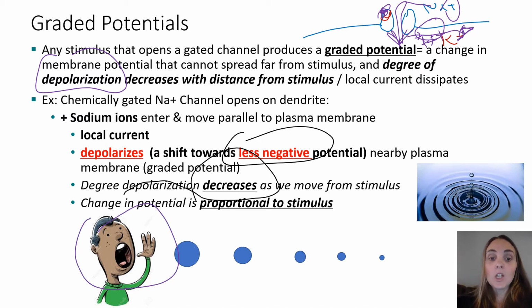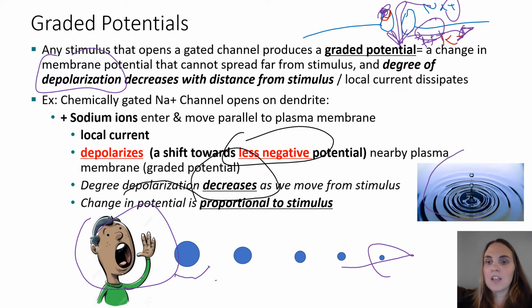If you're standing close to them, it's going to sound really loud, so that depolarization is going to be large. As we move further and further away from them, it's going to get smaller and smaller. So as we move further away from the stimulus, that change is going to decrease.